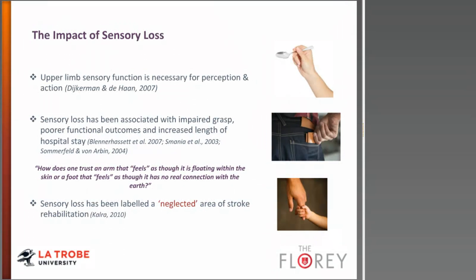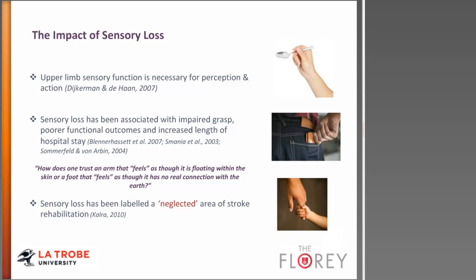So upper limb sensory function is necessary for multiple functions. We consider somatosensation as essential for action. So this is such as reaching into a pocket to find one's keys or wallet, or doing up buttons unsighted. But also it's important for perception in allowing us to connect with our environment and those around us, such as the feeling of a toddler's hand in ours.